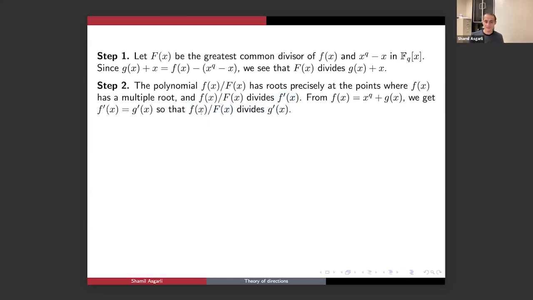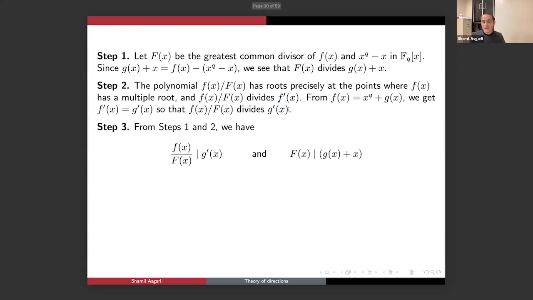So we get this divisibility. Notice that we have 2 divisibility conditions, right? We have one divisibility that capital F of x divides g of x plus x, and the other divisibility condition is that lowercase f divided by capital F, this quotient, which in fact is a polynomial, divides g prime of x.